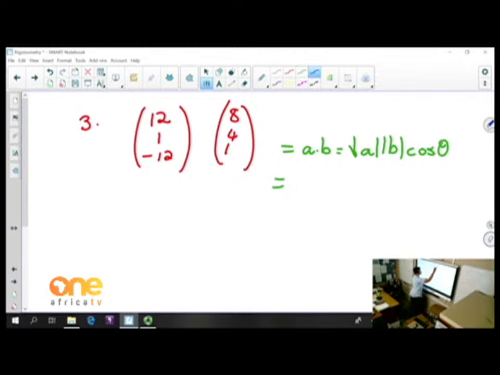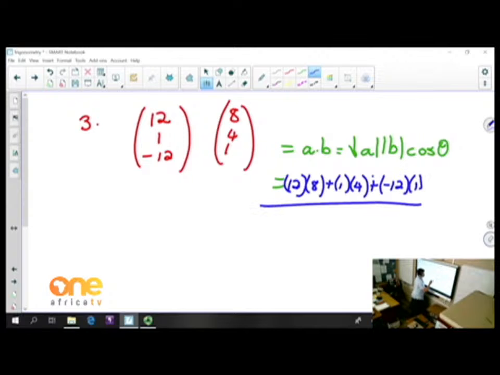Now what is II plus JJ plus KK? It is 12 times 8, plus 1 times 4, plus negative 12 times 1. I'm going to bring this down immediately, is equal to cosine theta.